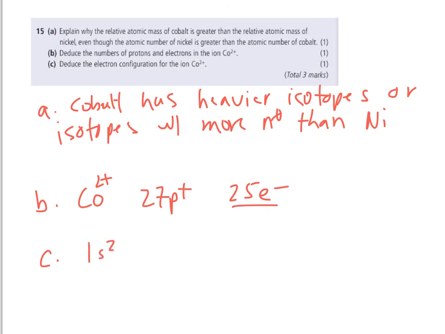If I do the full configuration, it'd be 1s2, and then the second level would be 2s2, 2p6. And then the third level, it'd have 3s2, 3p6, and then I would expect it to fill up the 4s to get up to the 27. It'd fill up the 4s and then the 3d.